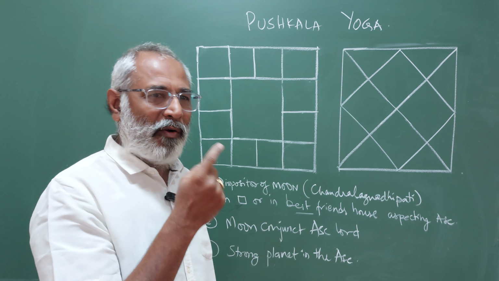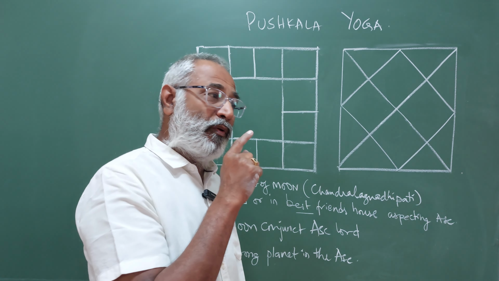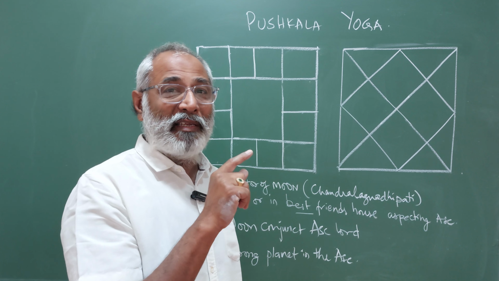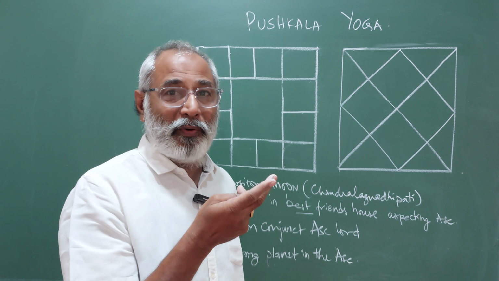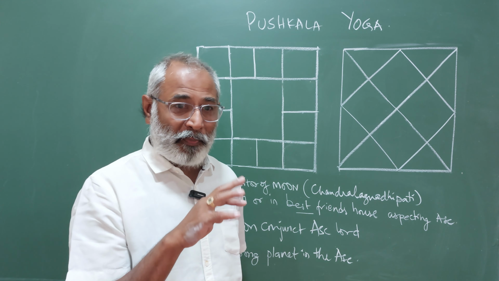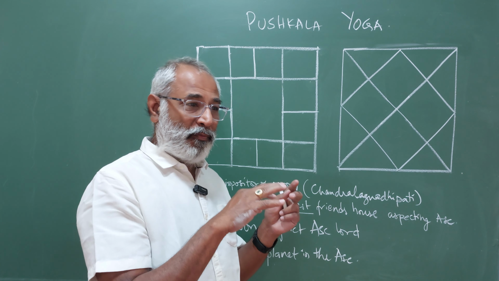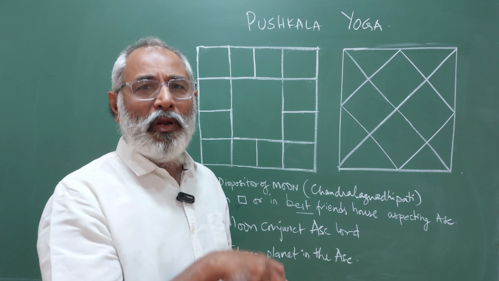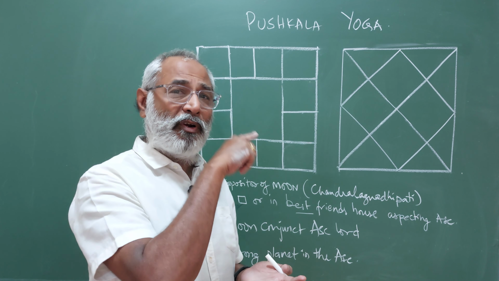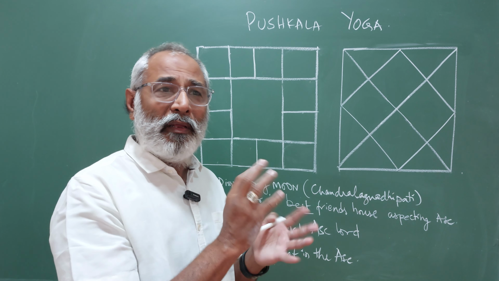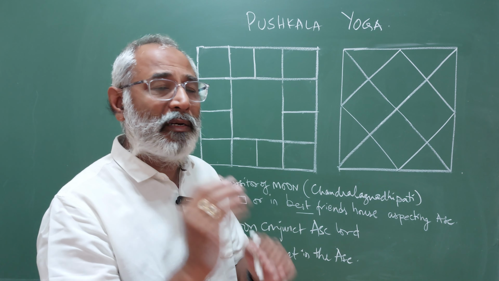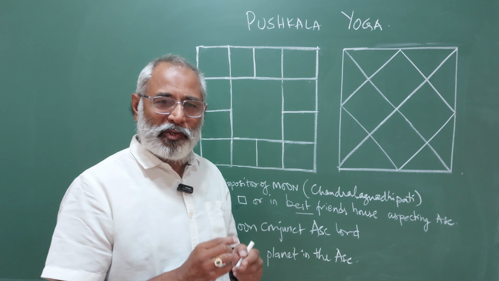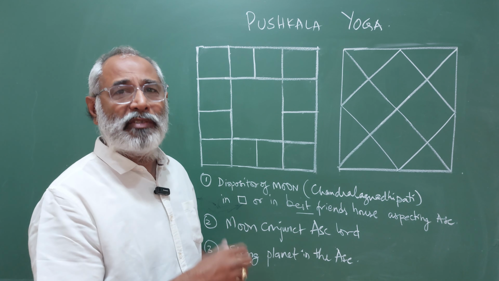You have to see panchadika mitratva: the positional friendship, whether it is an enemy, friend, or neutral, and the natural friendship, naisargika mitratva. Both have to be put together, and then you will get the panchadika mitratva. That table has to be seen if you want to check whether it is the best friend's house.